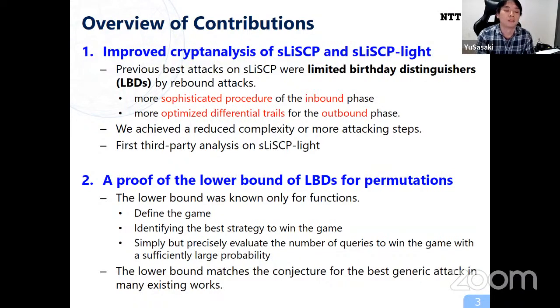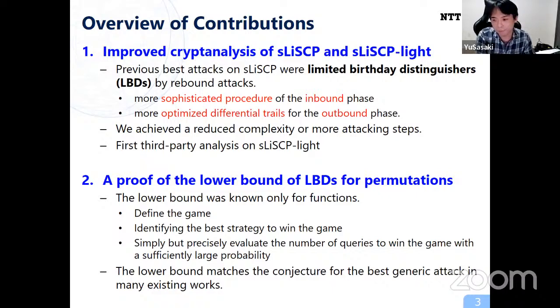This is the dedicated attack result. To be a valid attack, we must compare the dedicated attack complexity with the generic attack complexity, ideally the lower bound of the generic attack. This is the second topic. However, the lower bound of limited birthday distinguishers for permutations is not known.